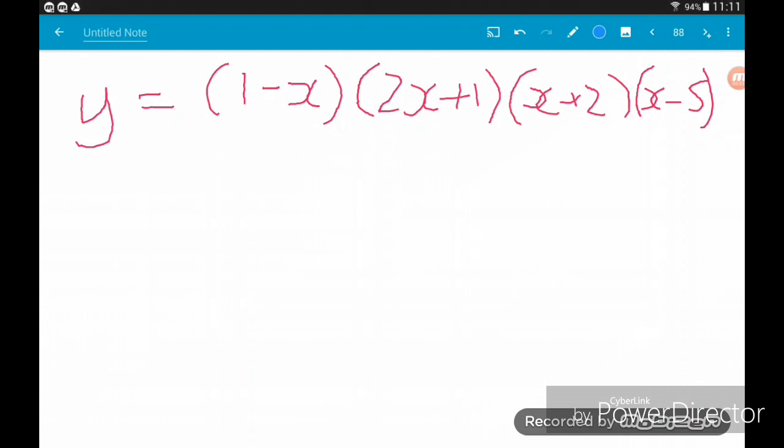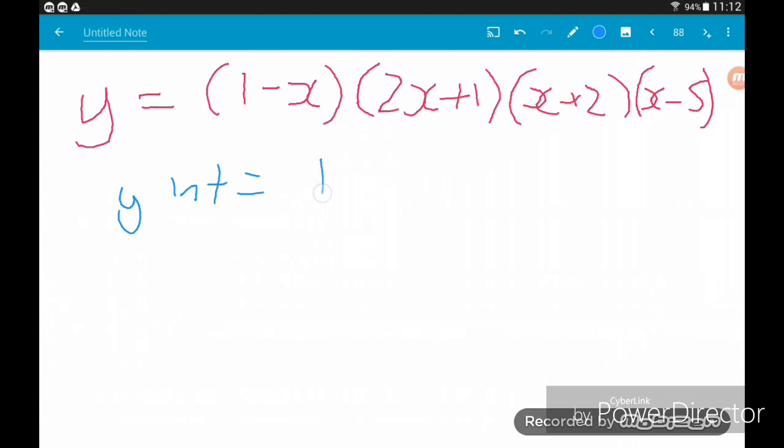Okay, example 2, so this time we have y equals (1 minus x) times (2x plus 1) times (x plus 2) times (x minus 5). So let's first of all work out the y-intercept. We get that by multiplying all the constants together.